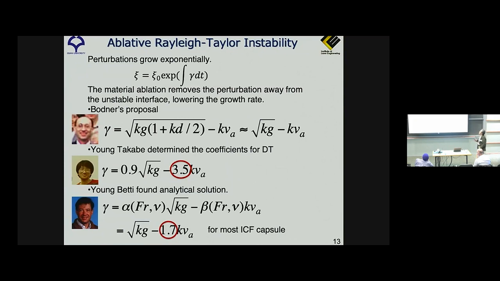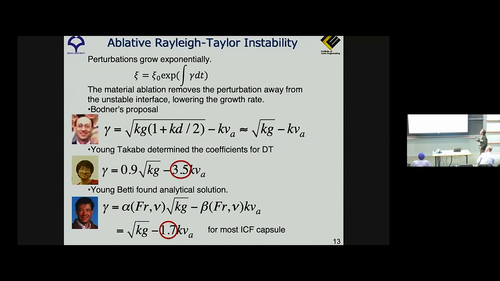Since the ablated material removes the perturbation away from the unstable surface, people can say that the ablative Rayleigh-Taylor instability is somehow reduced by material ablation, but the problem is how much.